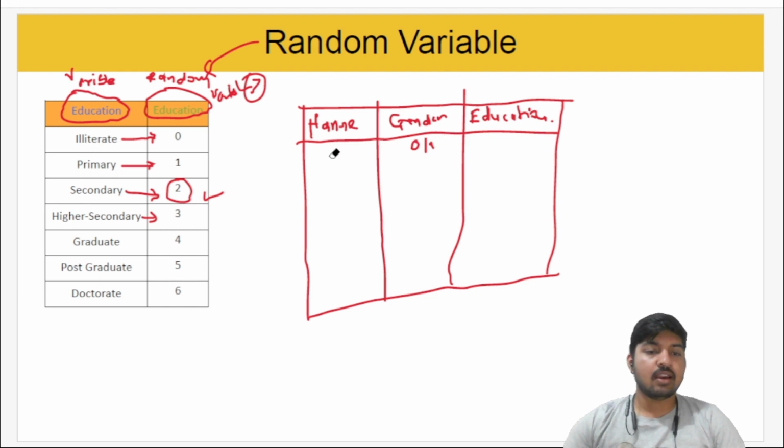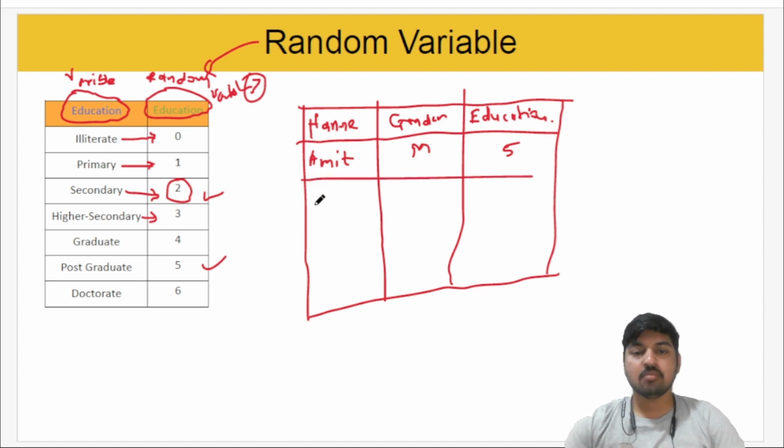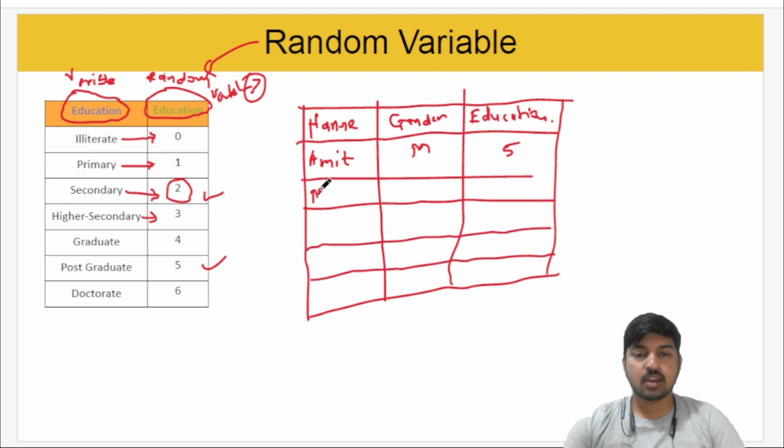So my data would look like this. Name is Amit, gender is male, and education is now 5 because you are at postgraduate level. There can be many rows. I can go and collect data from a village or somewhere else. So I can write Mayur, again gender male, and education postgraduate. Or some person X is female, with doctorate level, and person Y is again female, but education is only graduate level.